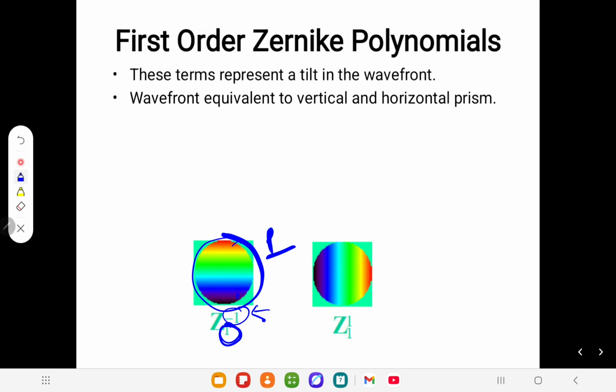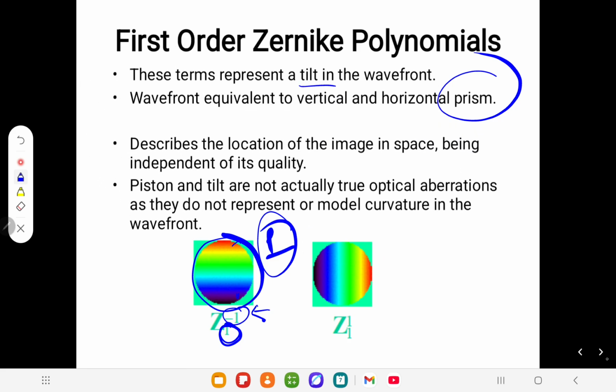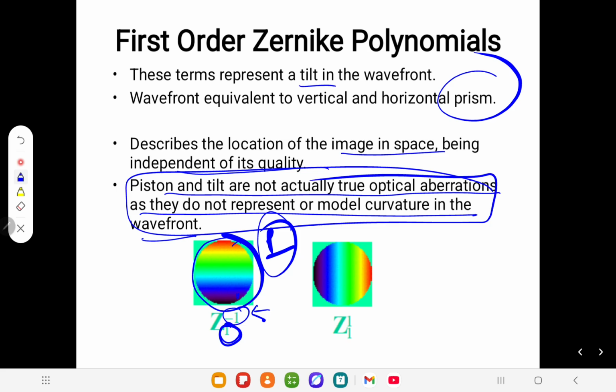That's red and that's blue. That's why it's one. If it is repeated two times, it's two. This term represents tilt and is commonly seen in prisms. It describes the location of the image space, being independent of quality, and piston and tilt are not usually true optical aberrations. They do not represent the curvature of the wavefront, so we don't consider them clinically.